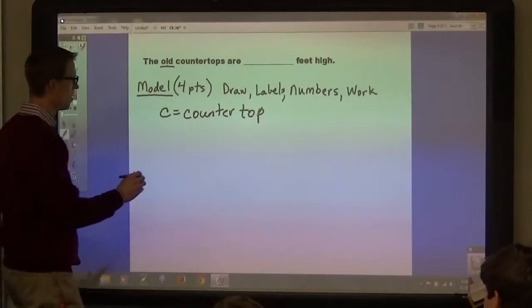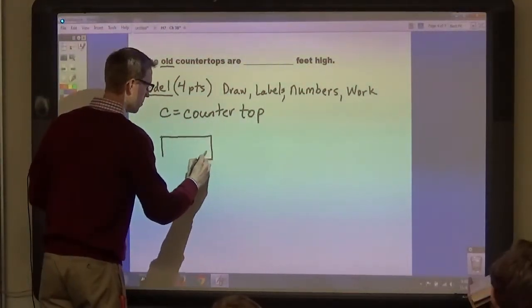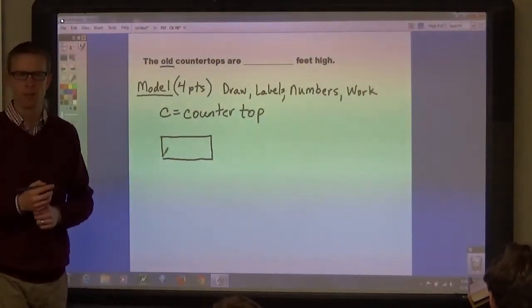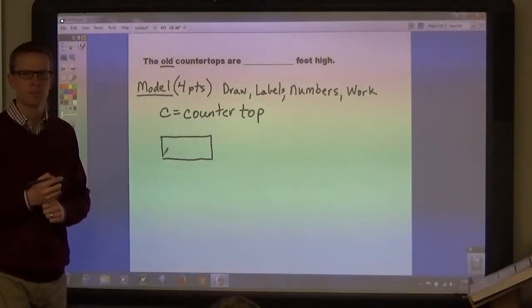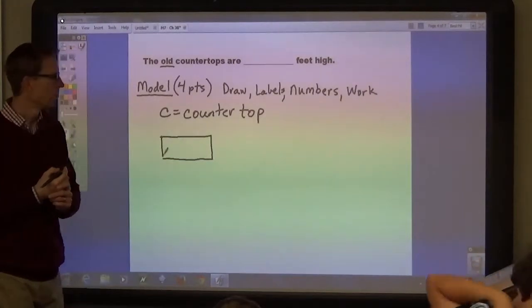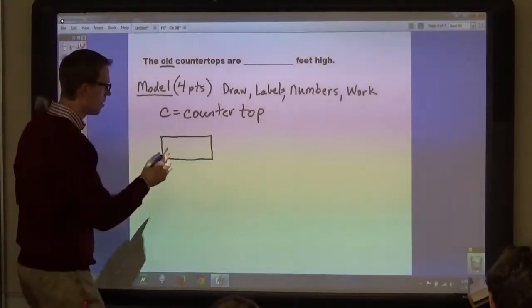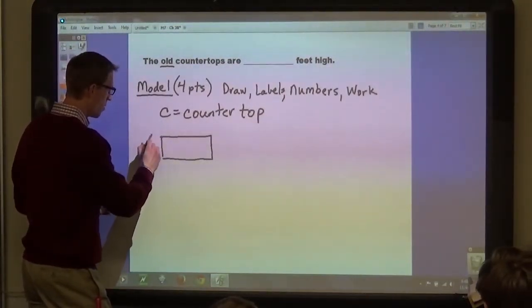Now, what do we know from the problem? What other numbers are in the problem? Kira. Well, the new countertops are 0.75, or 75 hundredths feet lower than the original.